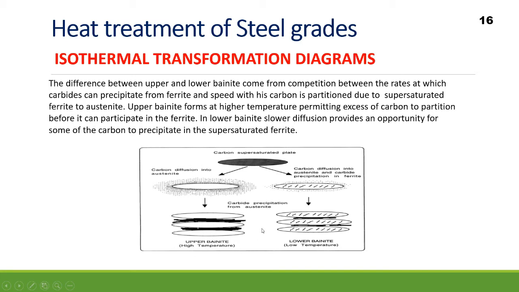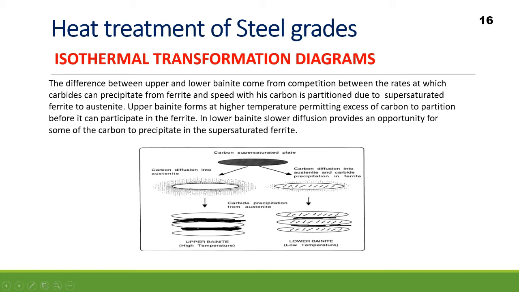Now what will happen if you cool the sample to a comparatively lower temperature? In this case, what will happen? Carbon diffuses into the austenite and carbide precipitates in the ferrite. So carbon is there in the austenite as well as carbide precipitation in the ferrite.